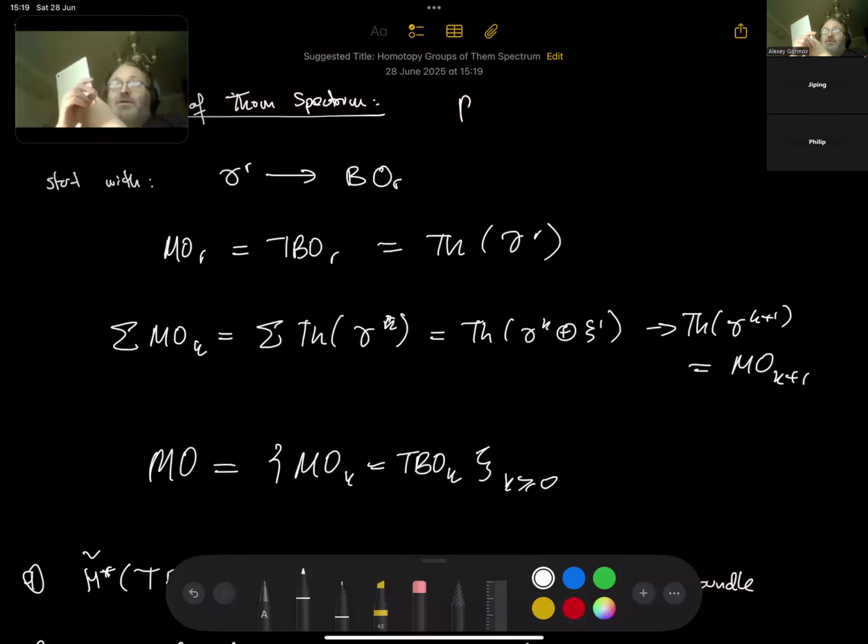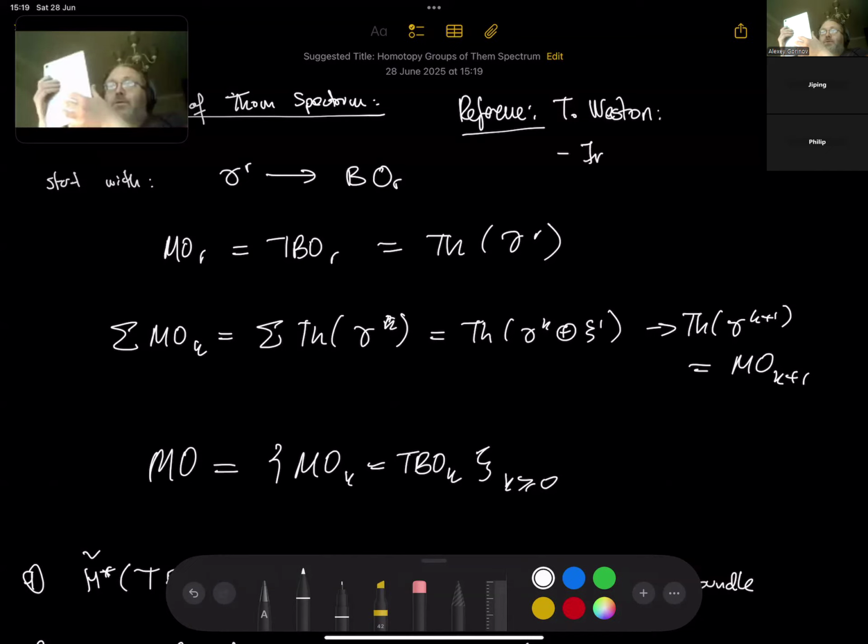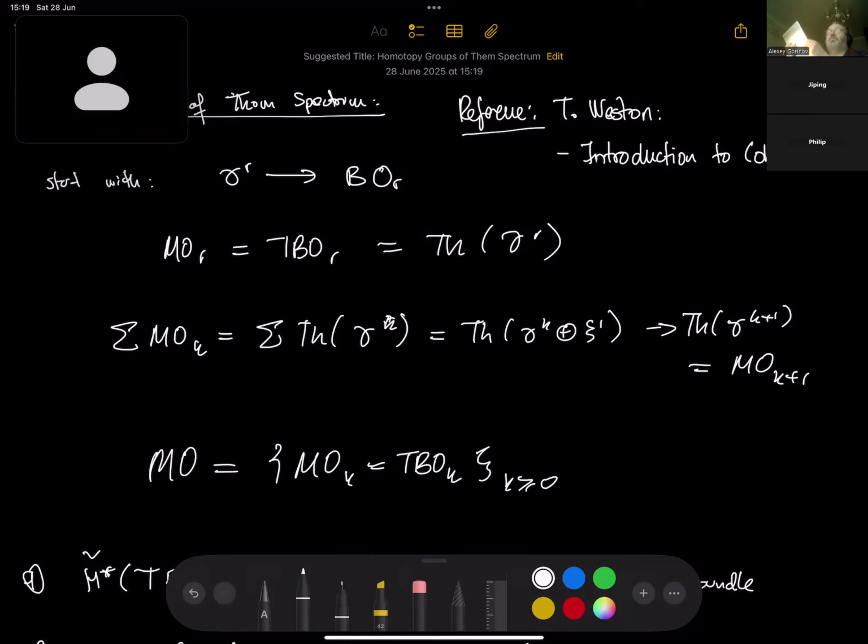The talk follows notes by Weston, Introduction to Cobordism, which can be found online by googling.